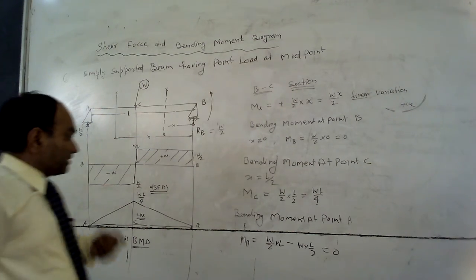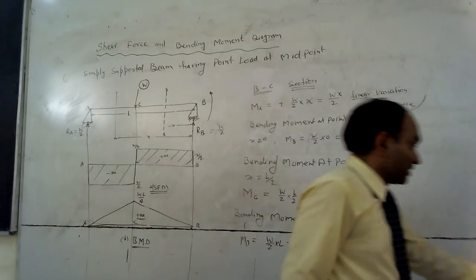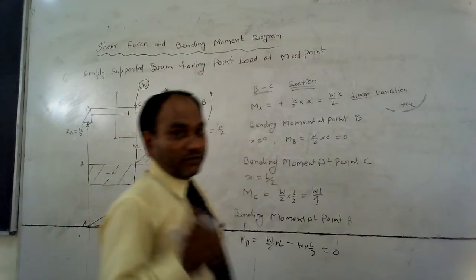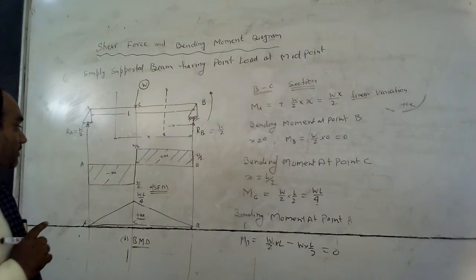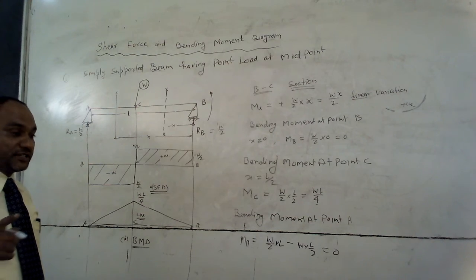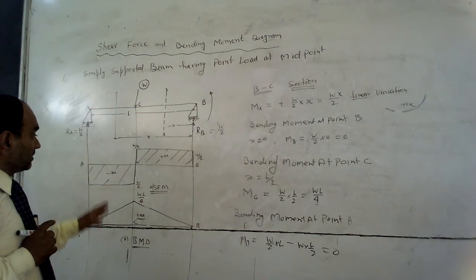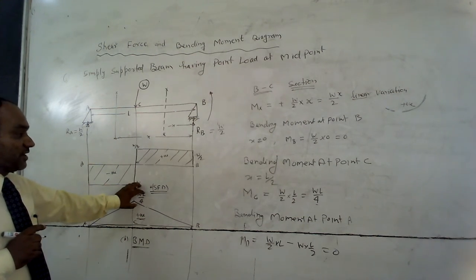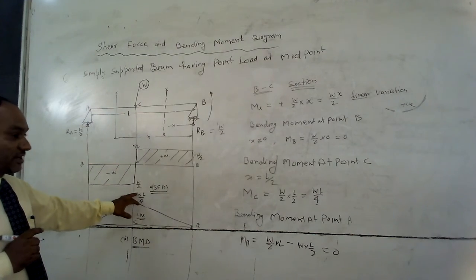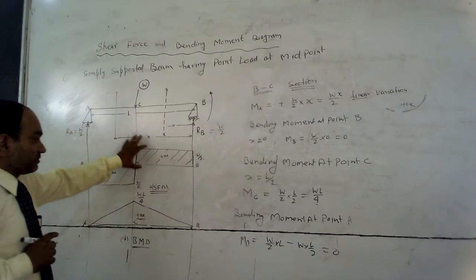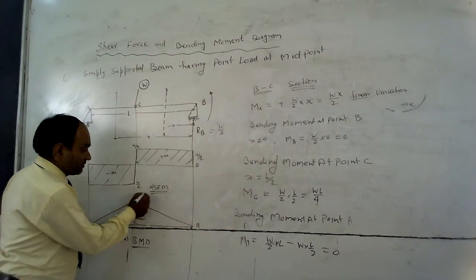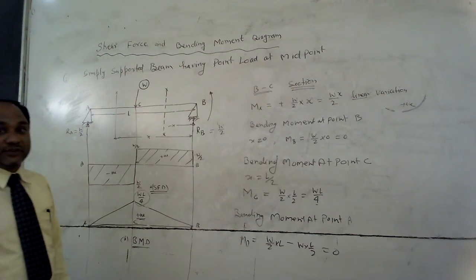This bending moment can be utilized in the theory of bending, where the maximum bending moment is considered. From the shear force and bending moment diagram, we can utilize these values for designing the beam.